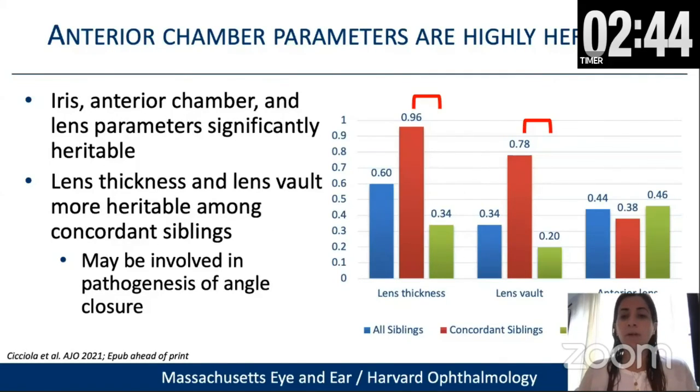To support the genetic nature of angle closure, we have actually recently found and published using the iPhase study high heritability of angle closure phenotypes. So, for example, there is high heritability of iris, anterior chamber, and lens parameters among sibling pairs.